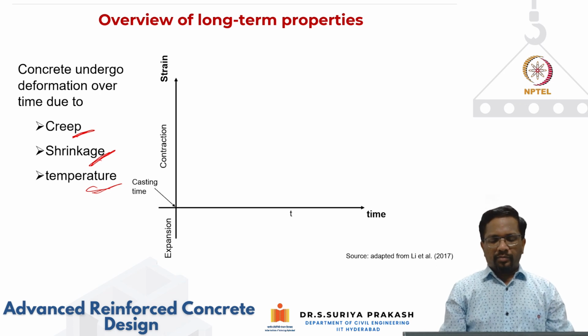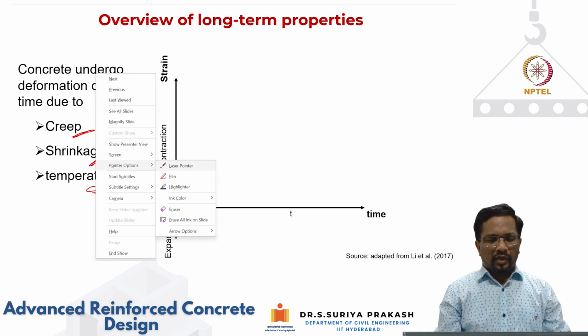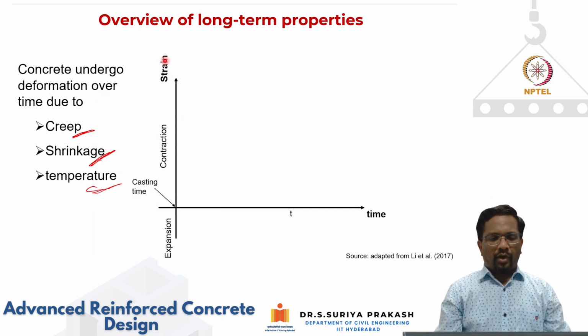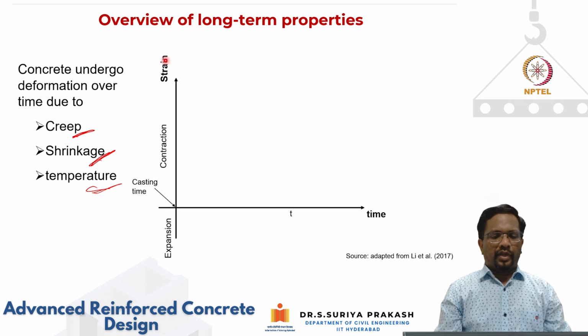Now let us briefly discuss what happens when you have, for example, I am plotting how the strain variations are going to develop in the y-axis. Okay, in the upward direction the positive values are taken as contraction, and the below, negative values are taken as expansion here.